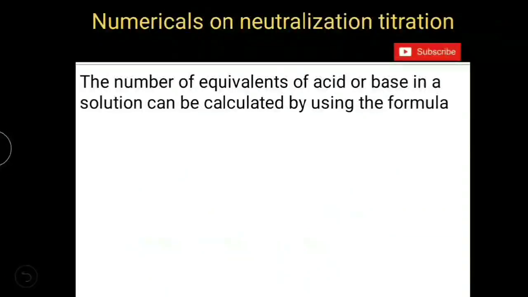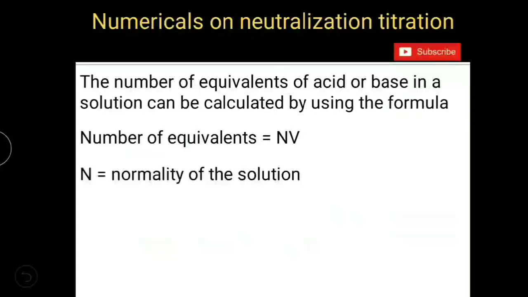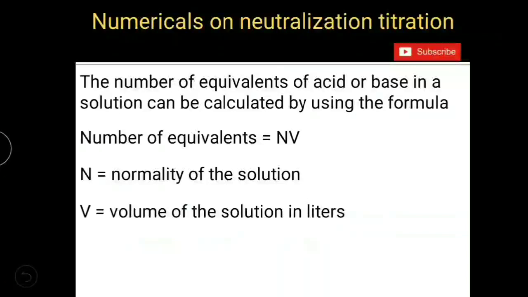The number of equivalents of acid or base in a solution can be calculated by using the formula NV, the product of normality of the solution and volume of solution in liters. In this formula, N is the normality of the solution, V is the volume of the solution in liters.